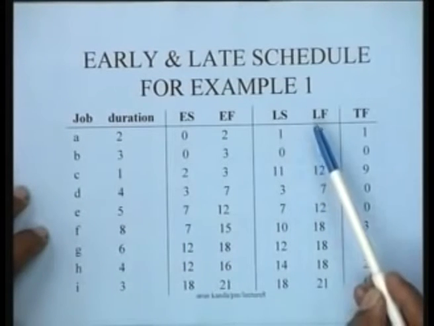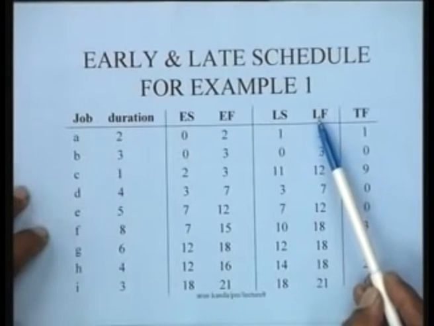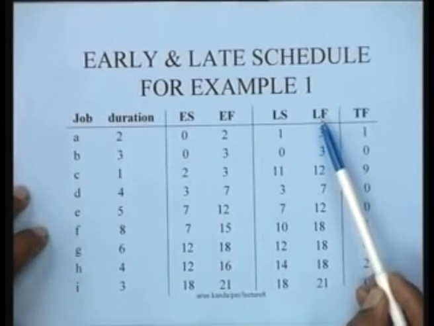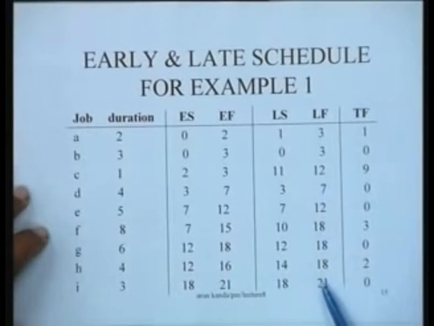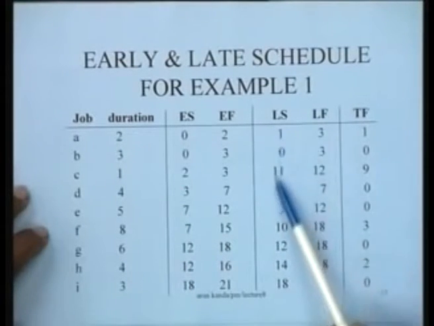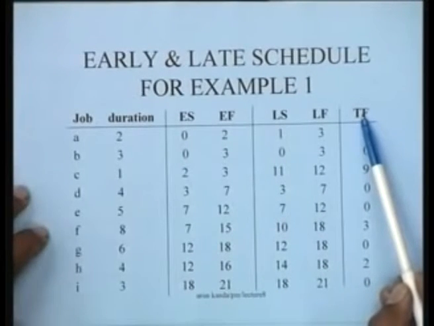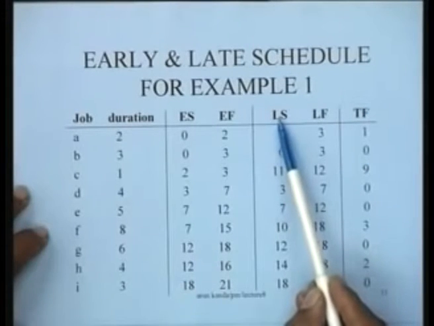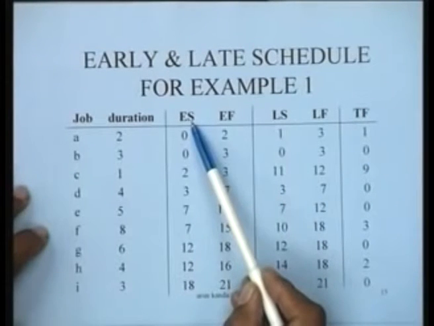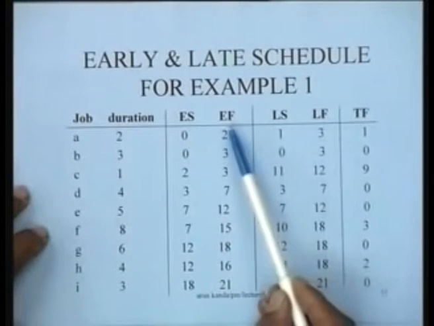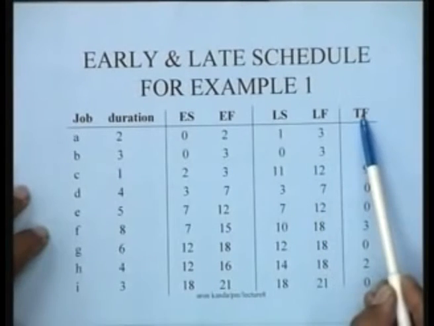Similarly, the latest finish of the activity is obtained from the late node occurrence time of the terminal node, and by subtracting the durations from this we get the late start time of these activities. We can define a quantity called the total float, which is nothing but the difference between the late start and the early start, or the late finish minus the early finish of the activity.